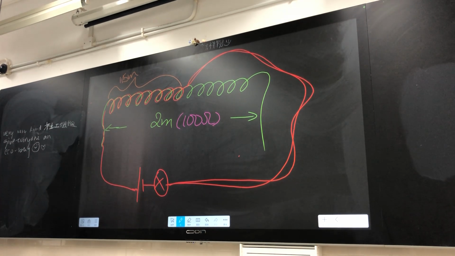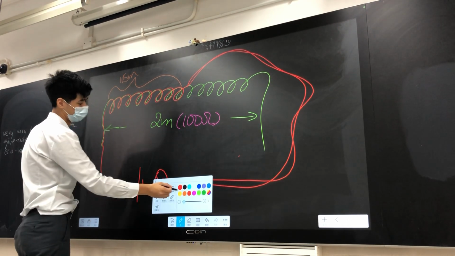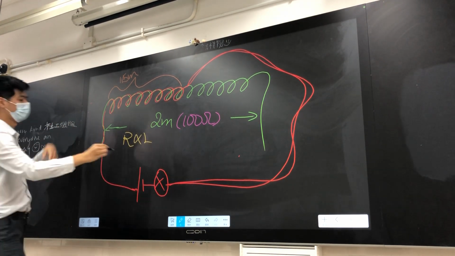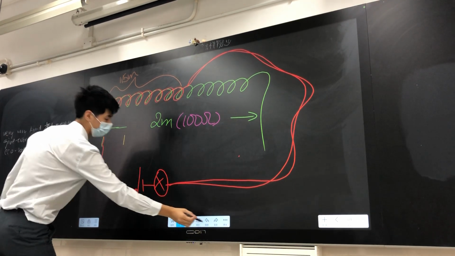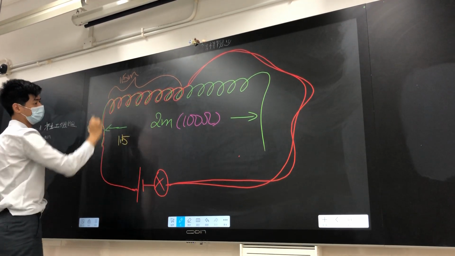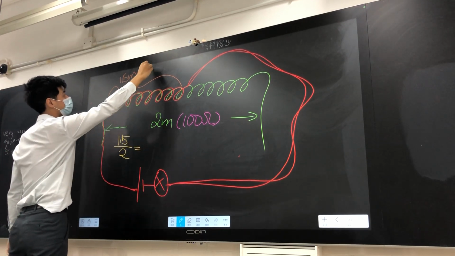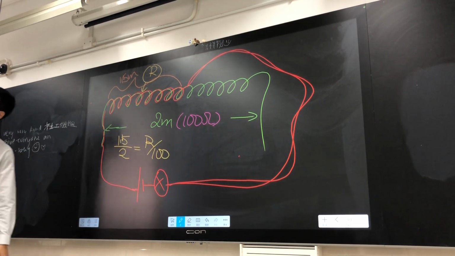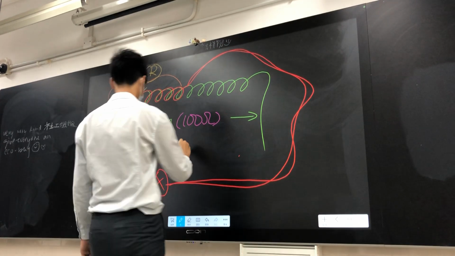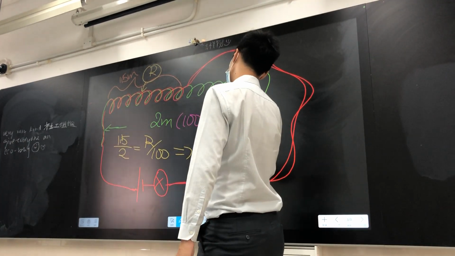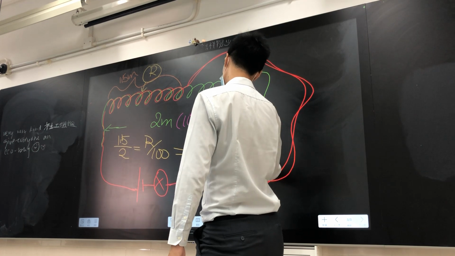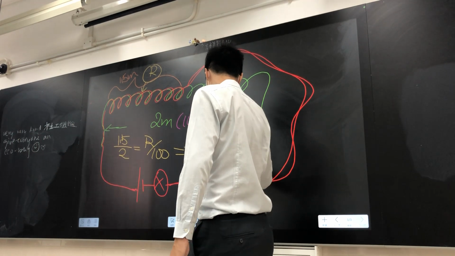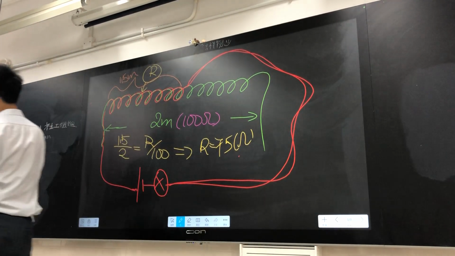咁其實好低啲嘅，因為我哋知道the resistance is directly proportional to the length, right? 所以呢個1.5 over 2 equals the resistance of this part over 100. Okay? So the R equals 75 ohm. Okay, so they are directly proportional to each other.